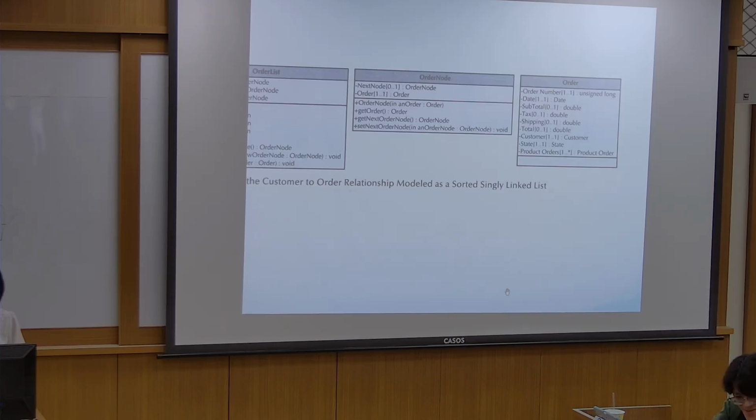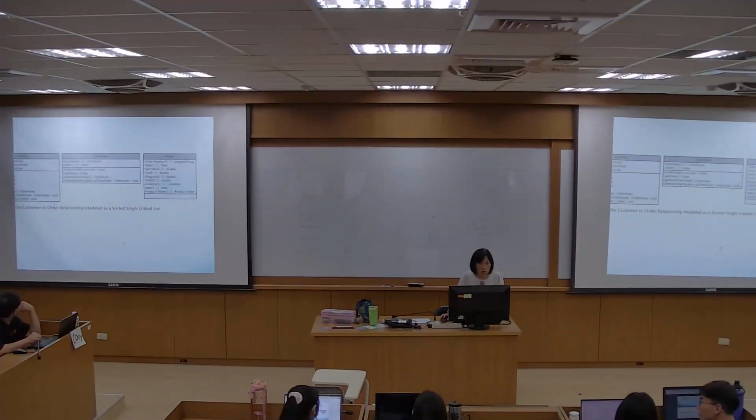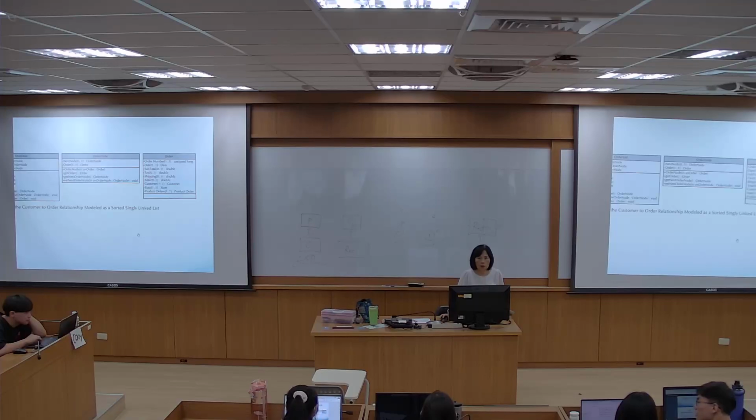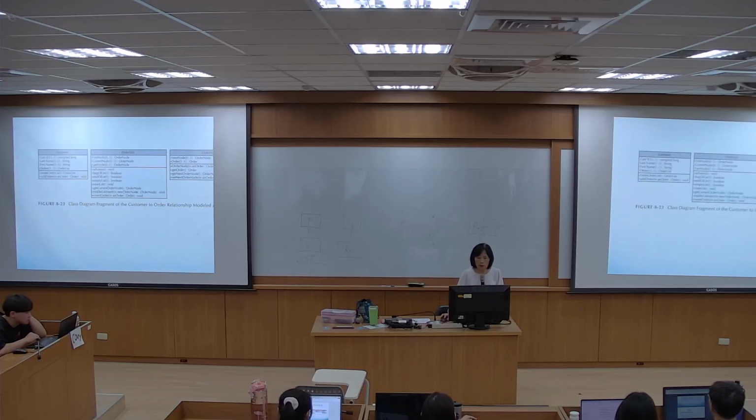Orders customer. Order what? It's an order. Then customer. Order has customer. You can see the data type. All right. And here about these two, which one depends on which, customer and order list?